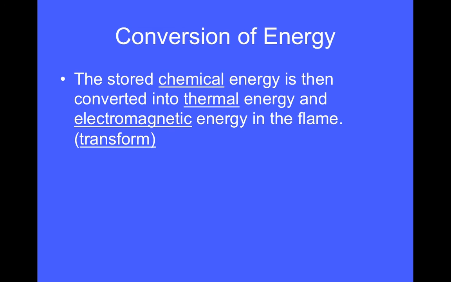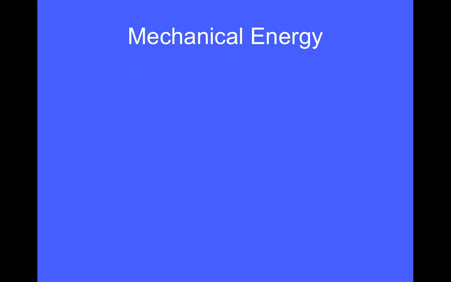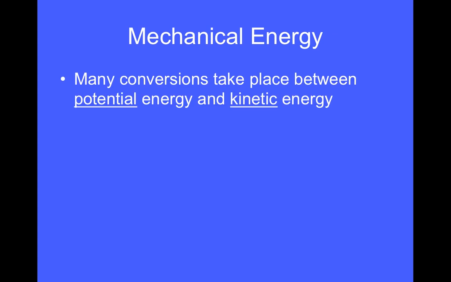So as a result, sometimes talking about specific types of energy can get kind of cumbersome when we're looking at a particular object or system. So oftentimes we talk about this concept of mechanical energy, because we get many conversions taking place between potential energy and kinetic energy.